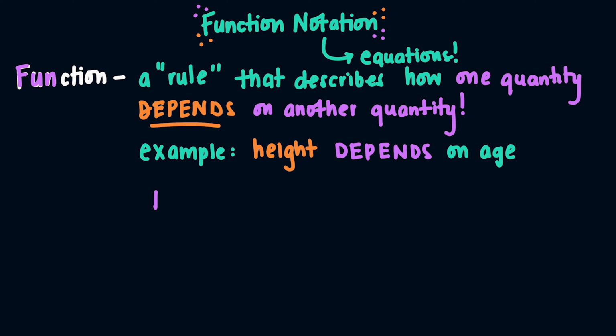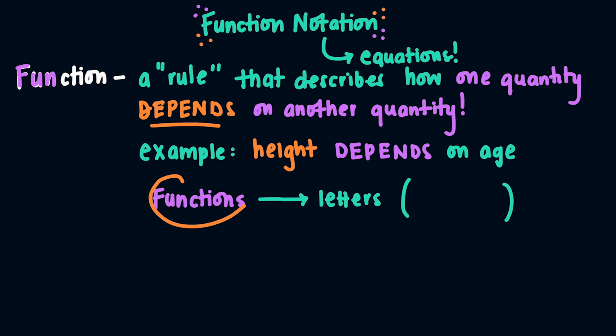So, generally, functions will be used in terms of letters. So, functions will be shown as letters in our equations. I know, mathematicians were very unique back in the day, and they were so unique that they said, what letter should we use if we wanted to define a function?